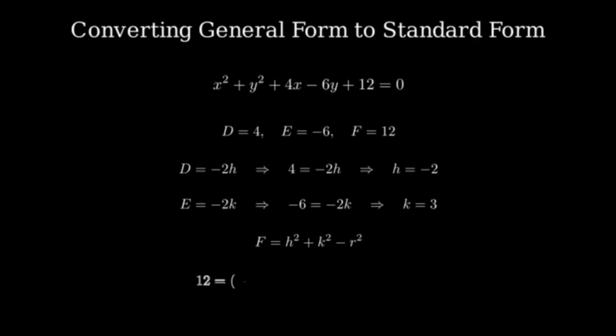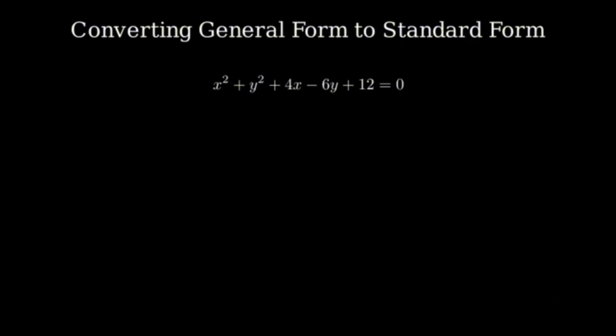Substituting our values, we get 12 equals negative 2 squared plus 3 squared minus r squared. Simplifying the right side, we get 12 equals 4 plus 9 minus r squared, or 12 equals 13 minus r squared. Rearranging to solve for r squared, we get r squared equals 13 minus 12, which is 1. Taking the square root, we find that r equals 1, which is our circle's radius.